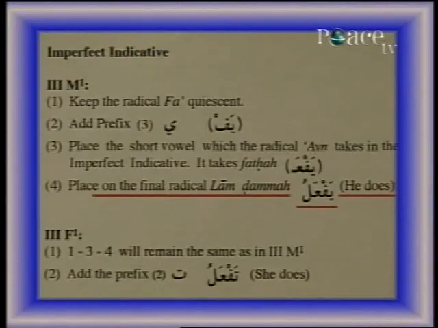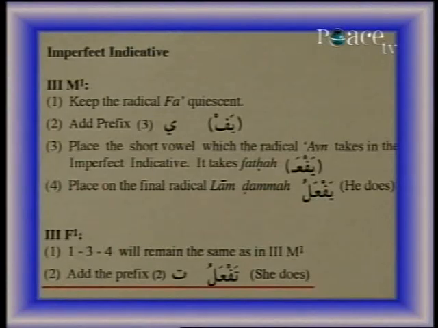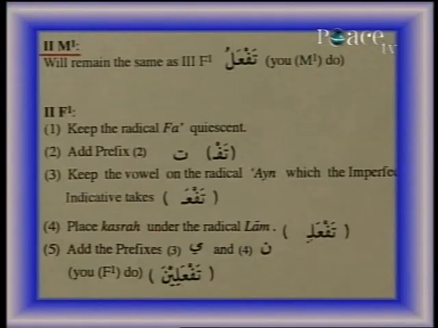Place dhamma on the final radical lam, yaf'alu, he does. 3F1, 1, 3, 4 will remain the same as in 3M1. Add the prefix ta, taf'alu, she does. 2M1 will remain the same as 3F1.